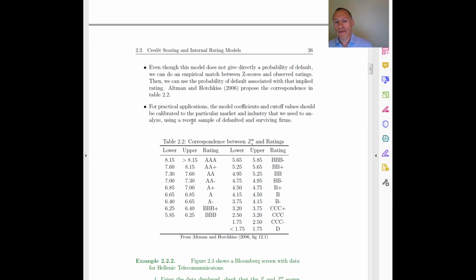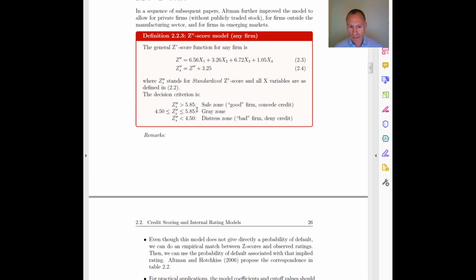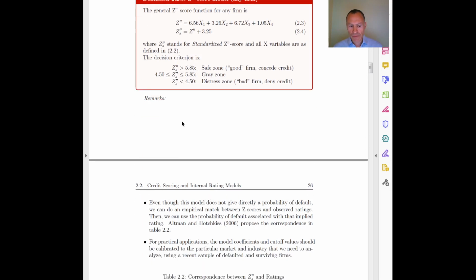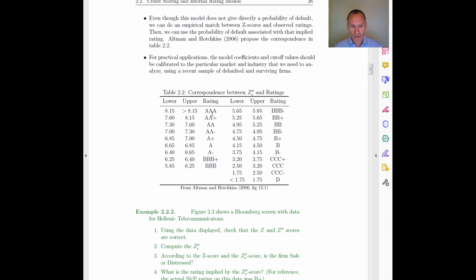So even though this model does not give you directly a probability of default, it only gives you a decision whether to give credit or not to give credit, there has actually been some work in trying to make a correspondence between this z-score and a credit rating, from which we could then get a probability of default. And that correspondence is given here in this table. Okay.